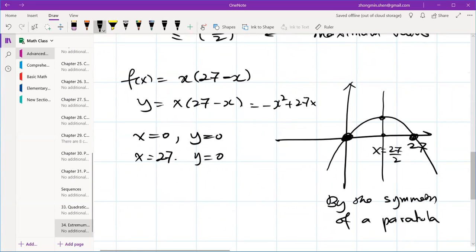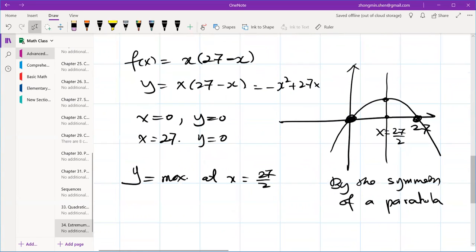So a parabola is symmetric about the axis, okay? So using that, I can quickly find the middle point. Then y equals the maximum value at x equals 27 over 2.